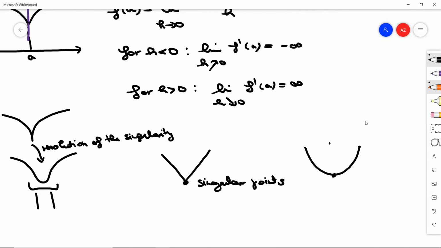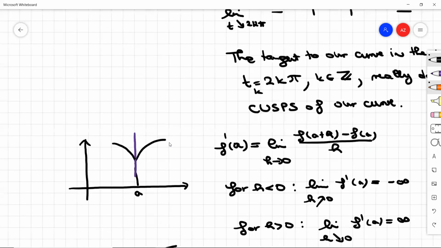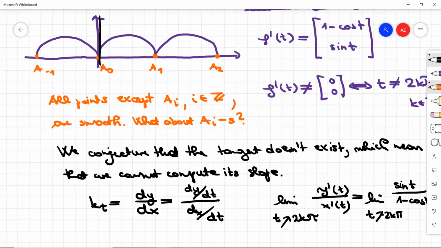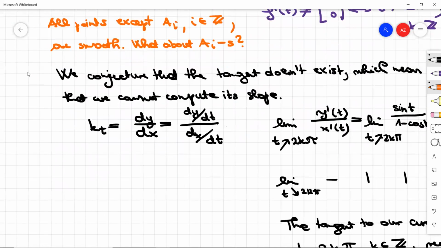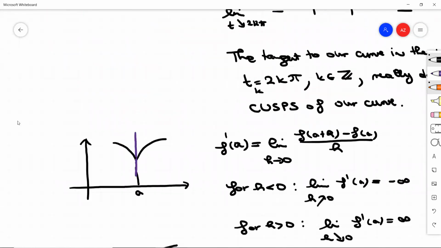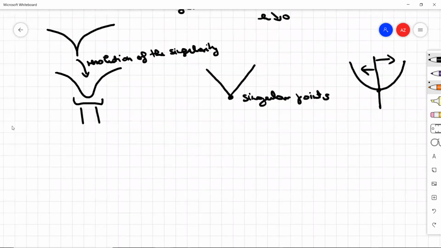If you have a definition of the curve on the left and then a definition of the curve on the right, then where they meet is a smooth point if both derivatives are the same, so the left derivative and the right derivative. Okay. So these points of the cycloid are really cusps. There doesn't exist a parameterization which would be smooth in these points. Okay, this is the notion of smoothness of the point and the smoothness of the parameterization.